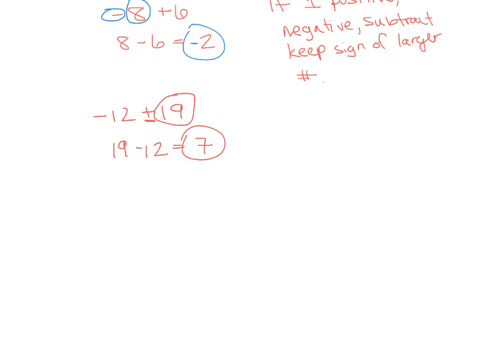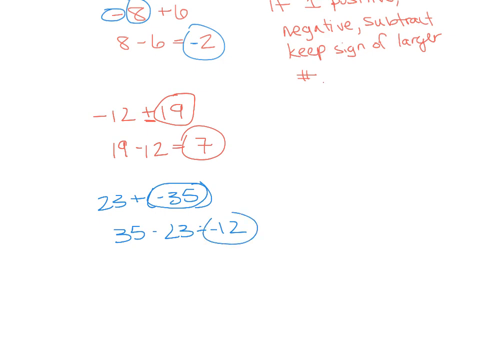If we look at 23 plus a negative 35, okay, different signs again, so we find the difference. So 35 minus 23, and that equals 12. 35 is the bigger number, and it has a negative sign, so we keep the negative sign with it.